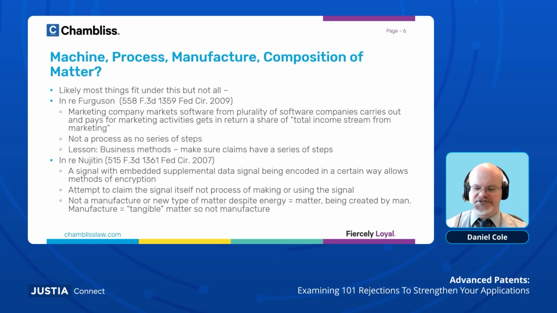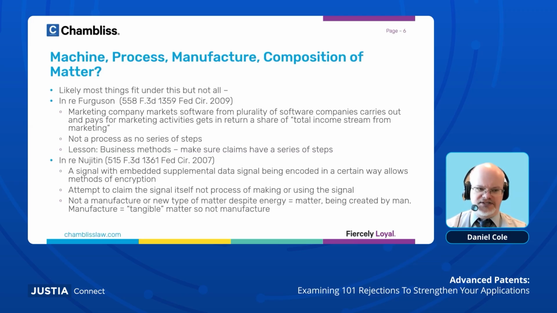Fun thing in a patent class in law school, the teacher generally asks people to think of things that are not a manufacturer, process, or composition of matter. People generally come up with things like, oh, I don't know, love, that obviously you're not going to be able to patent.